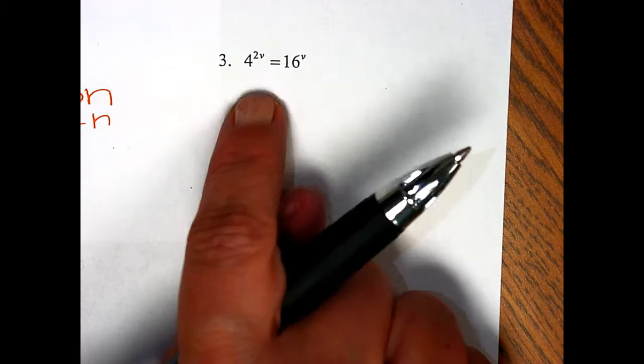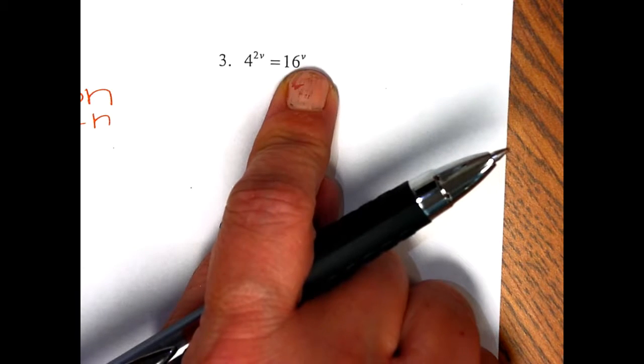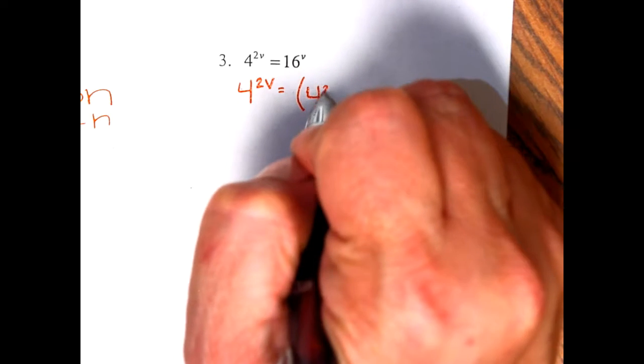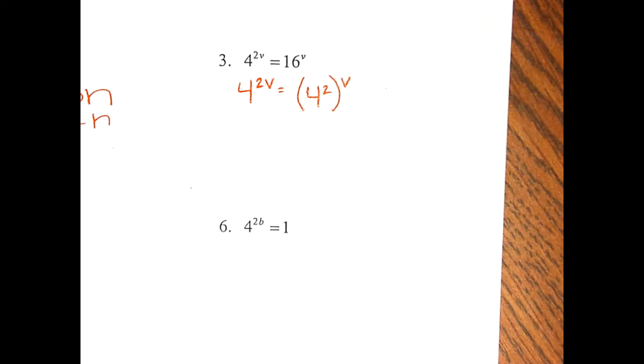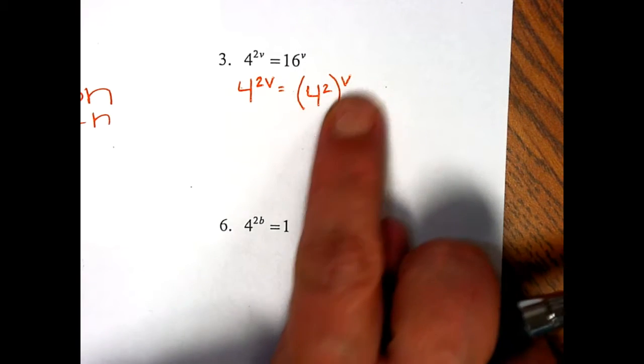Okay, on number 3, it says 4 to the 2v equals 16 to the v. Now I don't have the same bases here, so I need to rewrite 16. So we have 4 to the 2v equals, and I can rewrite 16 as 4 squared to the v. Now I need to use my exponent rules.